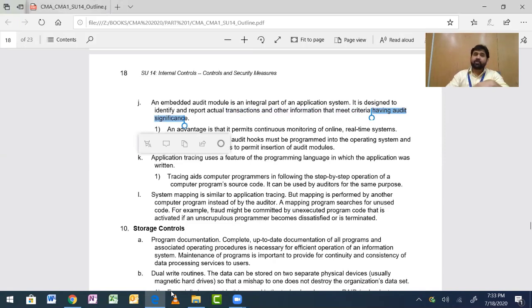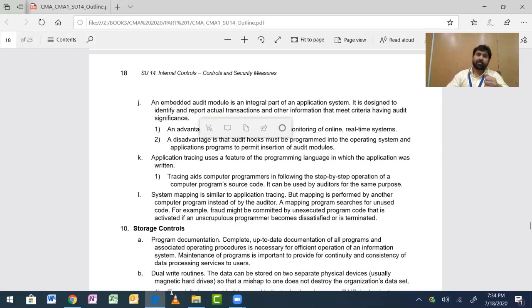So there will be embedded audit modules, some extra updates, which relate to the audit and are an integral part of the application system. In the application itself, we'll have one more function added, this audit module, which will highlight and report those pieces of information which are important from the audit point of view.